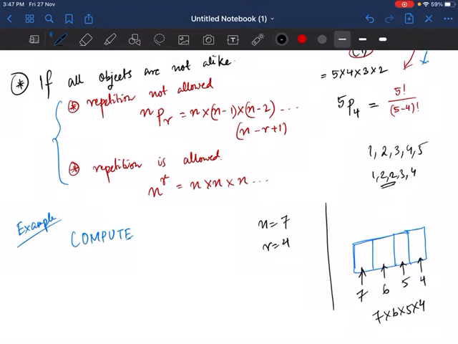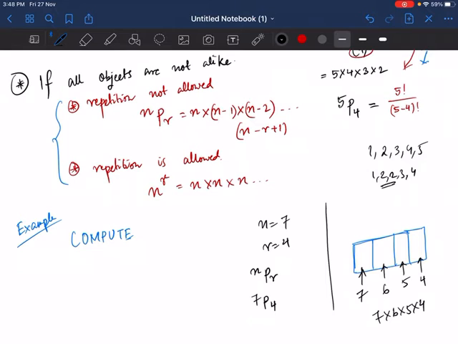But if we do this problem by permutation, what will the answer be? The answer will be nPr, that is 7P4. That's the number of 4-letter words you will get from the letters of compute.